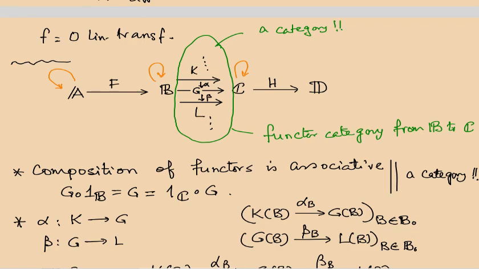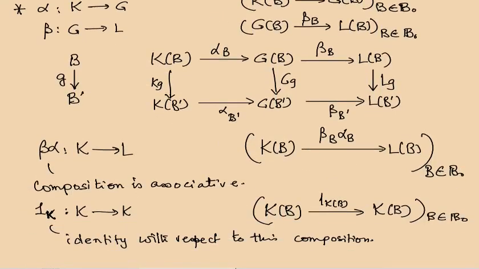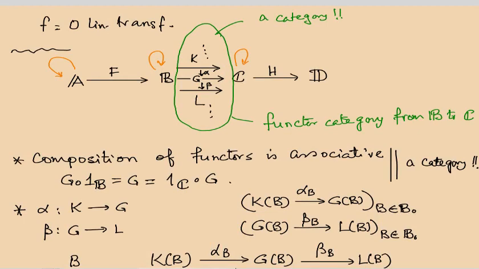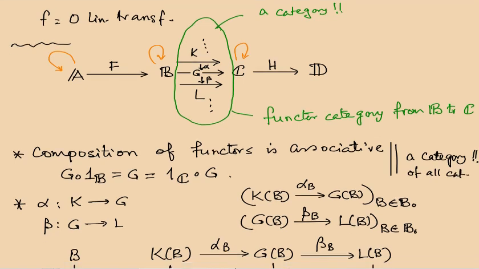Okay, so let's take this side. You said this is the category of all categories, and this is the functor category. Now let's take the category of all categories, that one in our picture. What is its set of objects?